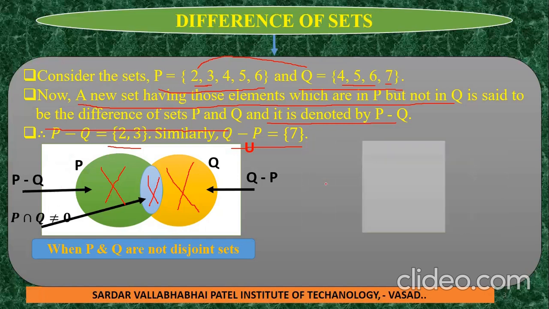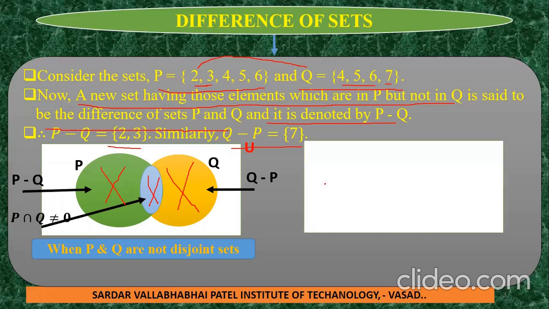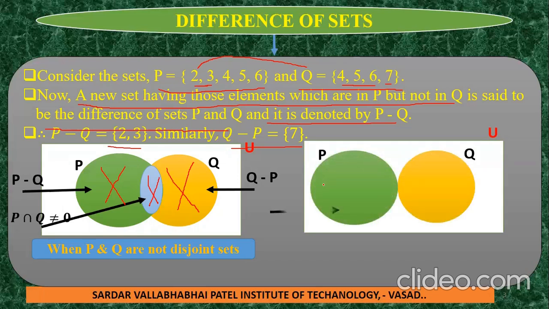Similarly, we consider another universal set U. Now this is P, this is Q. Here the whole green portion, because in the earlier figure the blue portion was the intersection region.